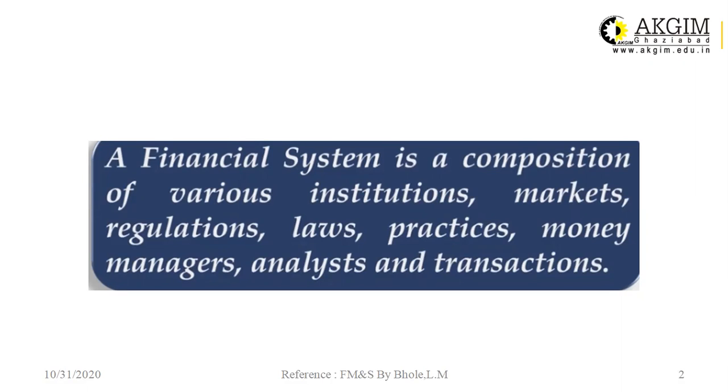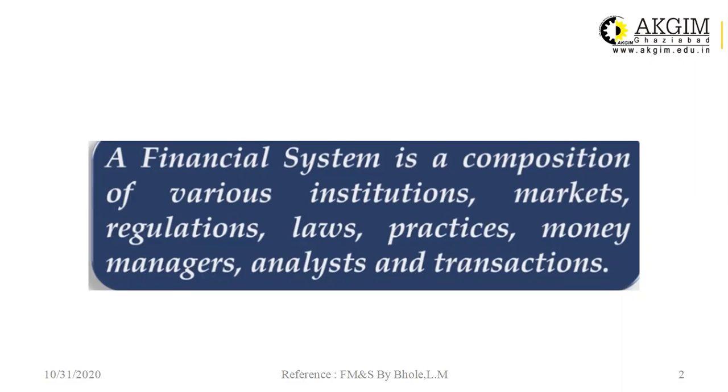Financial system comprises a set of subsystems of financial institutions, financial markets, financial instruments, and services which help in the formation of capital. It provides a mechanism by which savings are converted into investments.